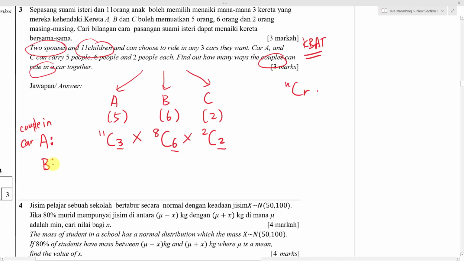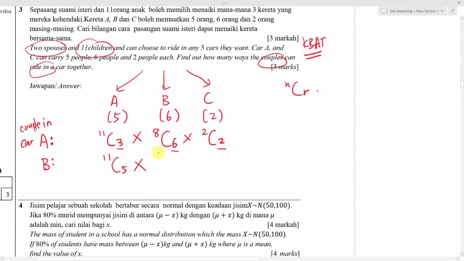Again, if I put the couple into car B, this is what happens. Imagine right now your car B has 6 seats. You put one couple, which is 2 people, into it, and you still have 4 seats left. So with the 11 children, I'm going to put 5 children in car A. In car B, because the couple is there, I still have 4 seats.